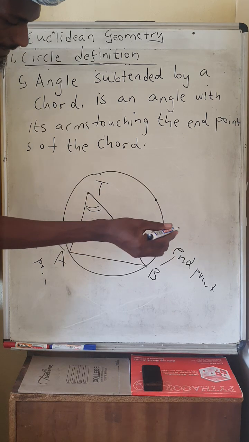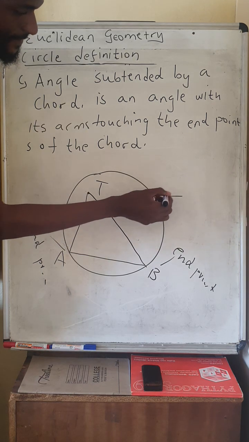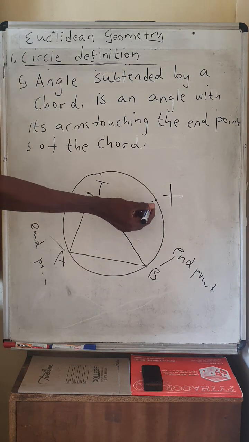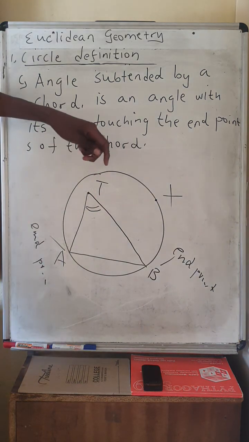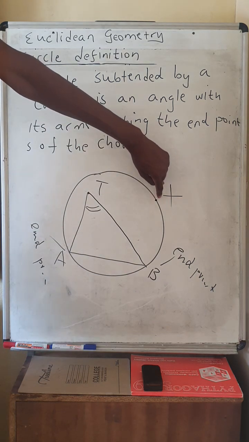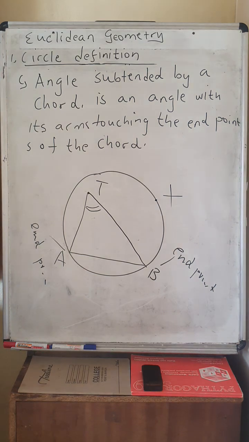Let me call this angle X. This is the vertex of angle X. So now here's the thing. If I want AB to subtend an angle at X, what should happen?